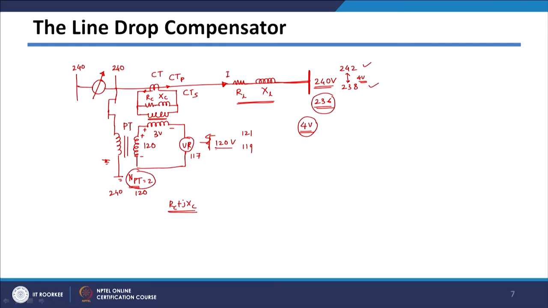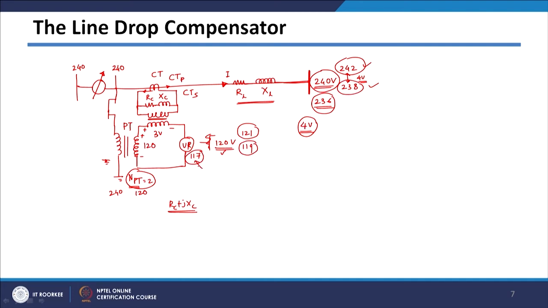So, the set value of voltage inside your line compensator circuit is 120 volt, corresponding to 240 volts, and the maximum voltage allowed is 121 and the minimum allowed is 119. But you can see that this voltage is going below 119.